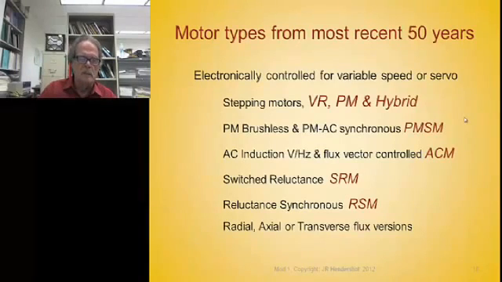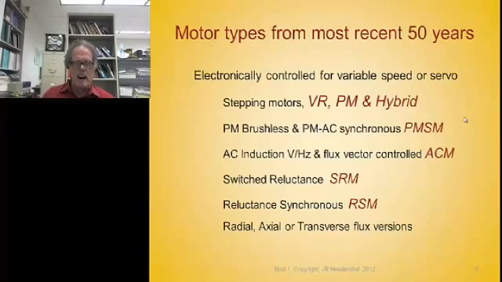A popular motor that came out of the AC synchronous family is called a stepping motor. There are VR, variable reluctance, stepping motors, permanent magnet stepping motors, and hybrid stepping motors. Then there are the PM brushless motors, which evolved out of one of those DC motors that we saw on the last slide, the DC motor that has permanent magnets in the stator.